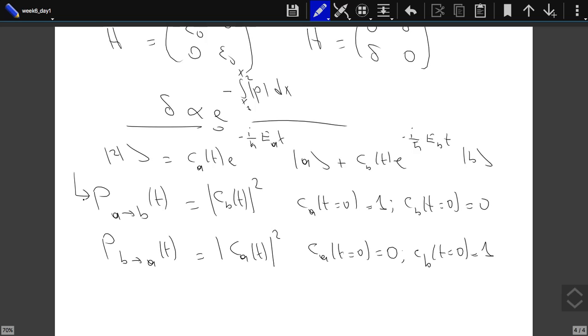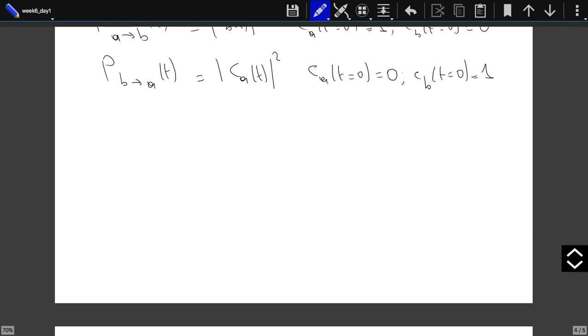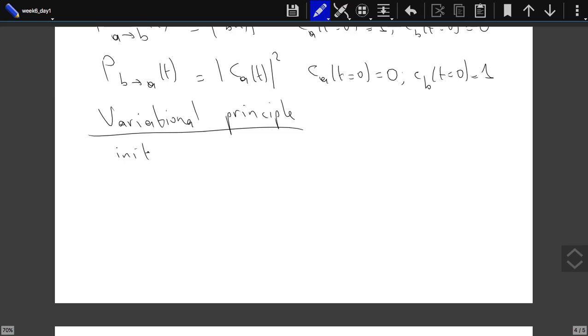Yeah, it's kind of straightforward calculations, in the sense that the algorithm for the variational principle is: you make the initial guess, which depends on your parameters, as many as you want.